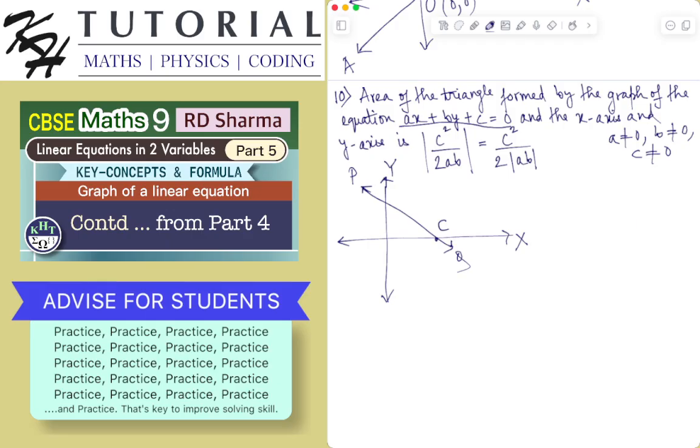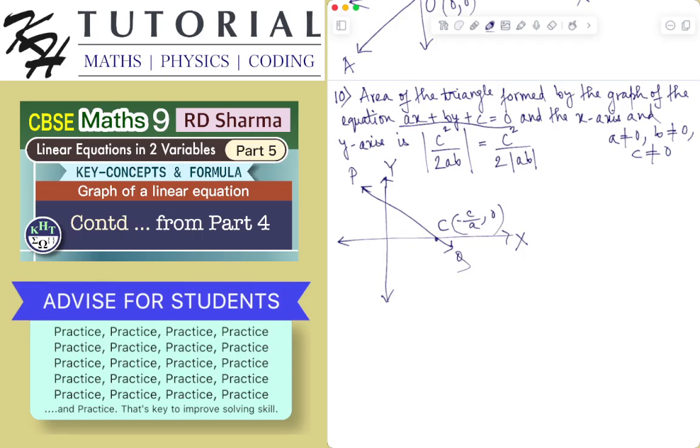As I discussed in some previous points, how will I find the coordinate of the point of intersection of the line with the x-axis? For any point on the x-axis, the ordinate, that is the y coordinate, will be 0. So in the linear equation I will put y equals 0 and solve for x, and the value of x will be minus c by a. So the coordinate of the point C will be (minus c by a, 0).